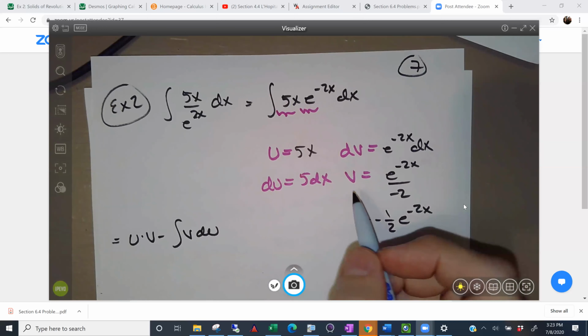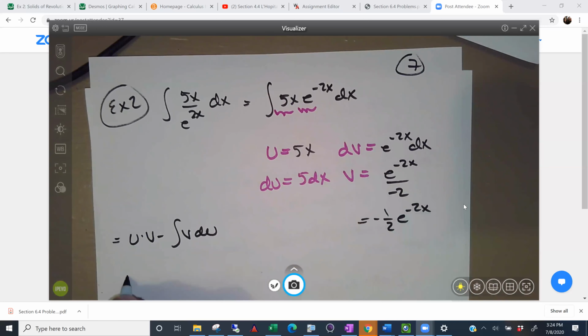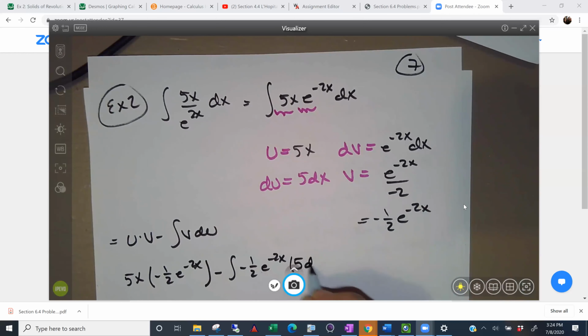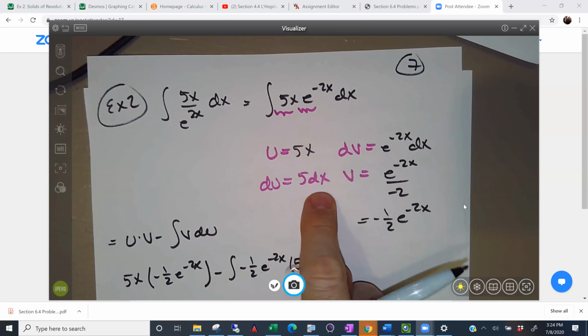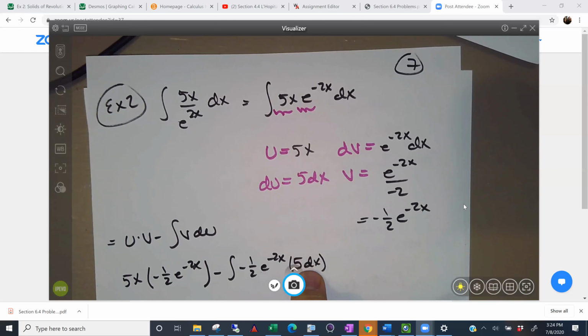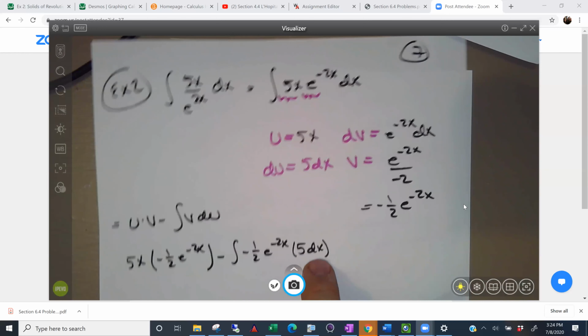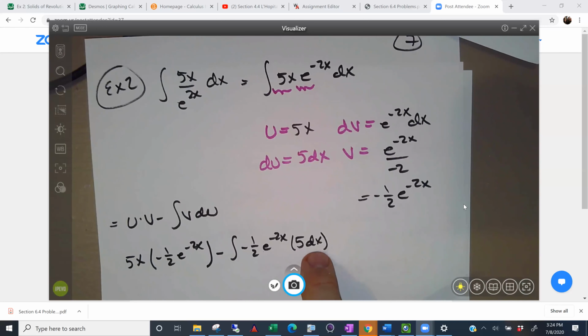Well, u times v is going to be 5x times negative 1/2 e to the negative 2x, minus the integral of v du, which would be minus 1/2 e to the negative 2x times 5 dx. And it's nice that we have that dx here. It causes personal distress when my calc students don't write the dx. So please have pity on me and write the dx. Thank you.